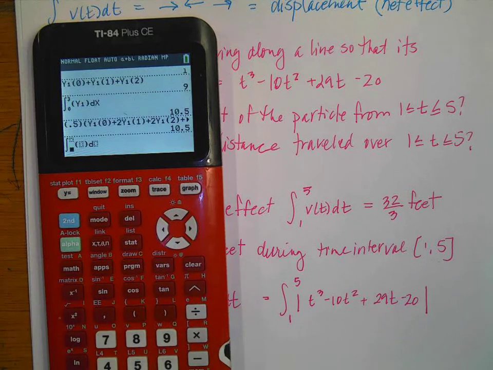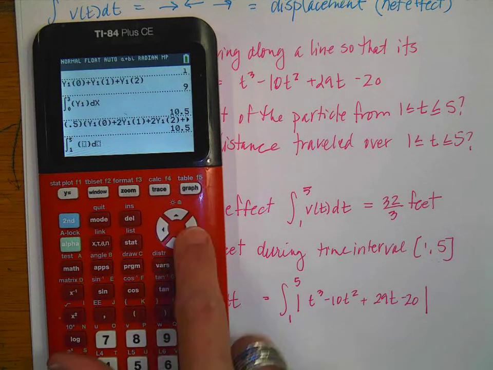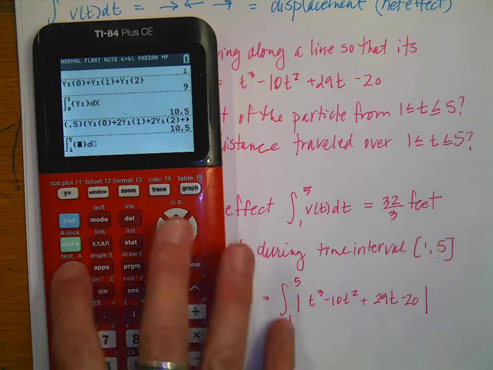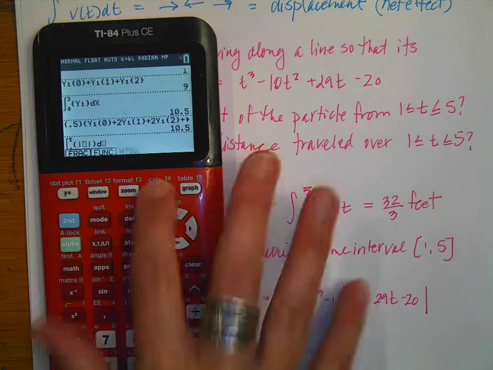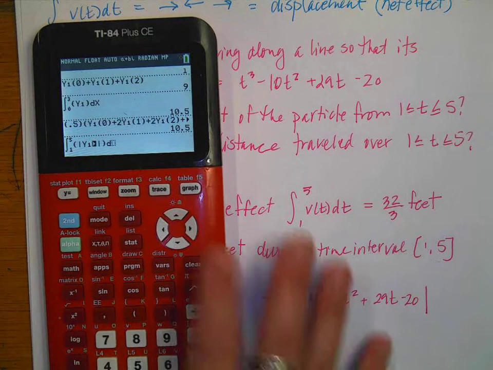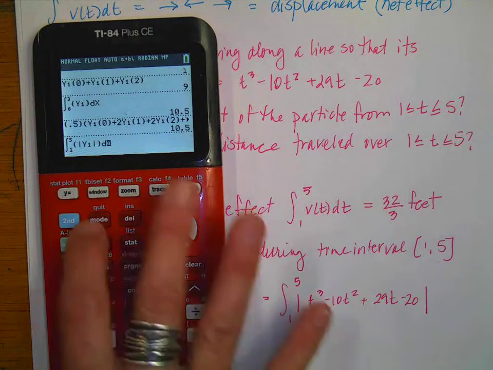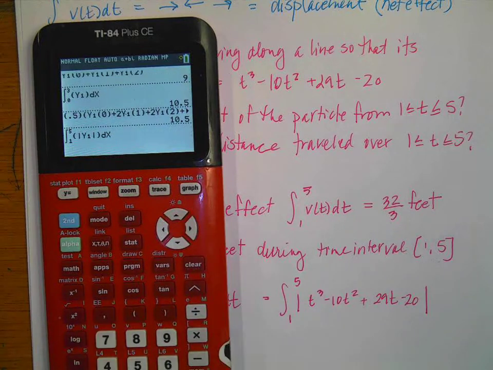I'm going to do math 9, and I'm going to integrate from 1 to 5, and then inside I'm going to do math number absolute value alpha f4 y1, because that's the function that I entered.